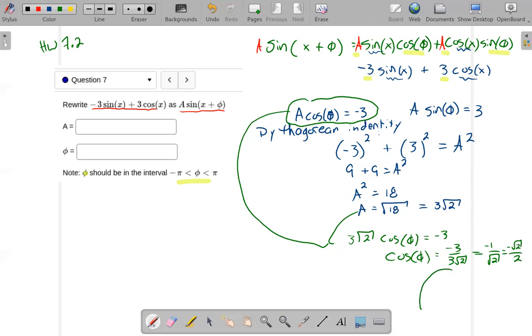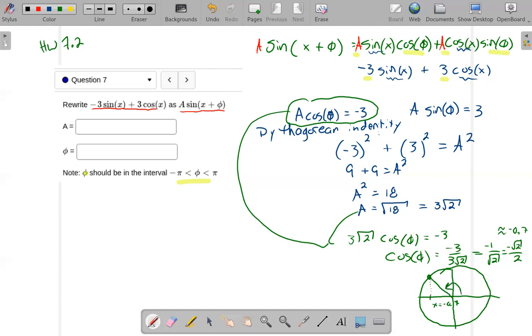So thinking about the unit circle. In the unit circle, remember cosine's an x value. So negative square root of 2 over 2 is around -0.7-ish. So that would be x here. If we applied the arc cosine, it's going to look up here for that angle, for that x value.